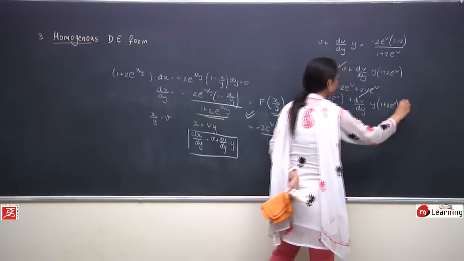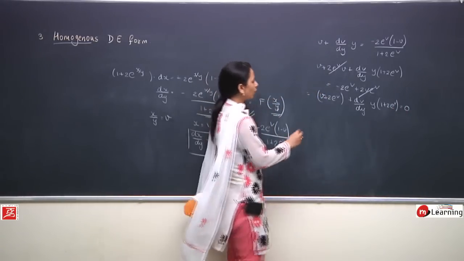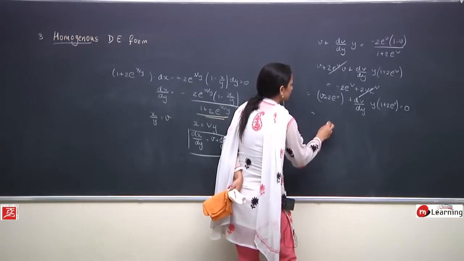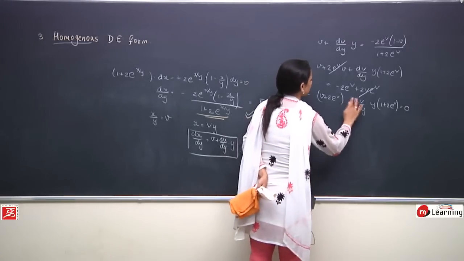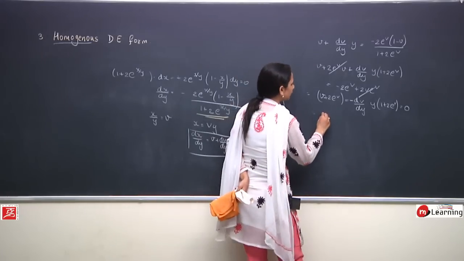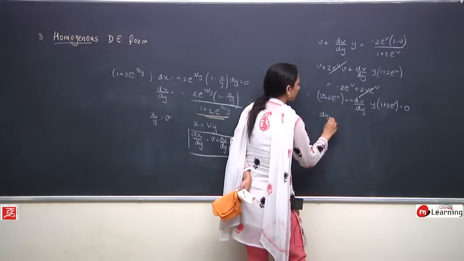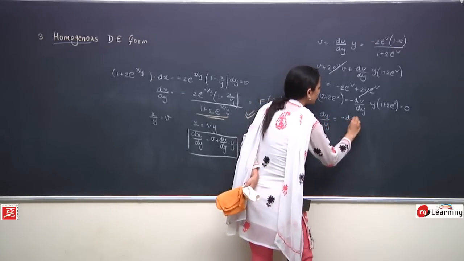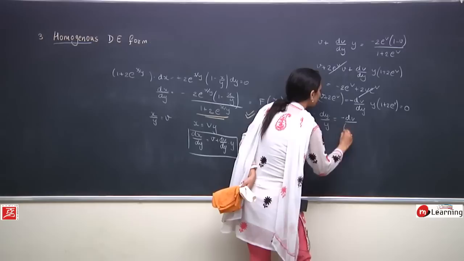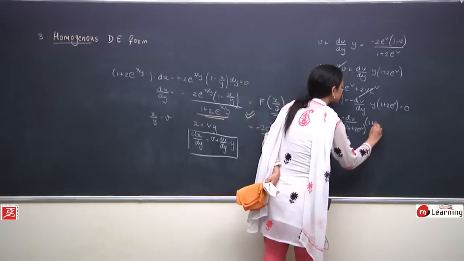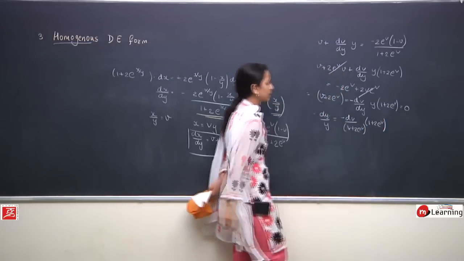This guy is equals to 0, or I can write from here dy upon y is going to be equals to minus dv upon v plus 2 e to the power v into 1 plus 2 e to the power v.